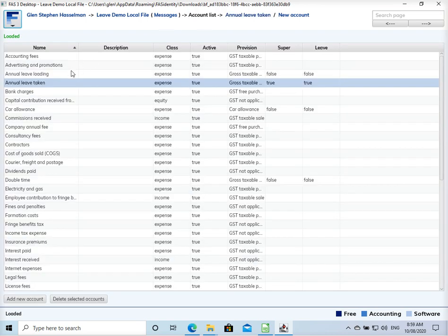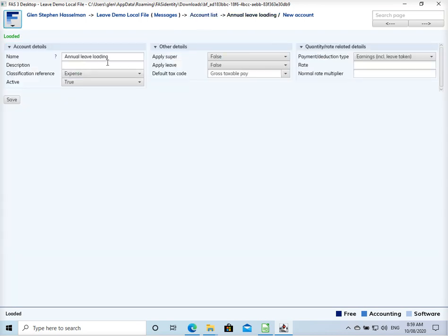So let's have a look at that. Annual leave loading is an expense, active is true, and apply super is false. So when an employee gets paid annual leave loading, they don't get super on that.